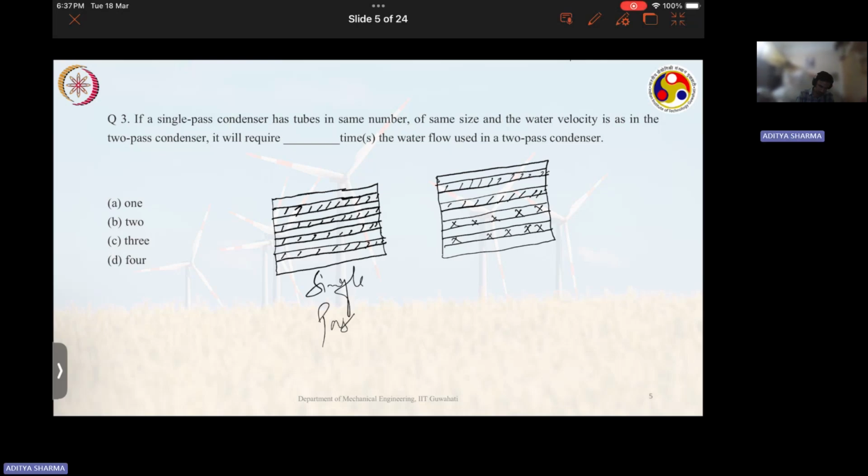This is your single pass. This is your two pass. And from somewhere from here, you are getting your steam, that is to be condensed.